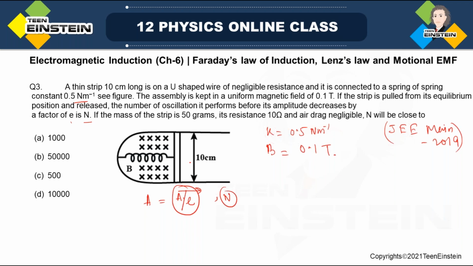That means the amplitude of this oscillation will be equal to A by e when it completes n number of oscillations. Now if the mass of the strip is 50 gram, its resistance is 10 ohm, air drag is negligible, then what is the value of n? What is the number of oscillations you have to find out?